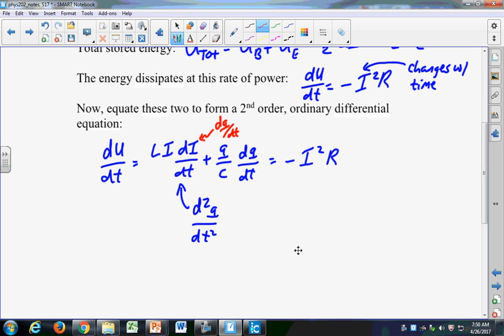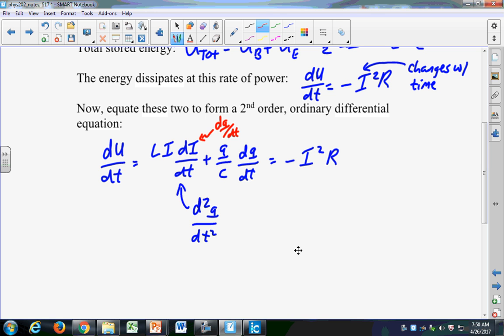Let's make sure that's clear. The current, I, is equal to dq/dt. That's how we define current: the rate of the flow of charge with respect to time. And then we take the derivative of it again, and that gives us the second derivative. So this di/dt here is equal to d squared q over dt squared.